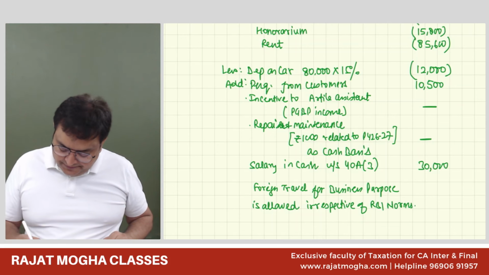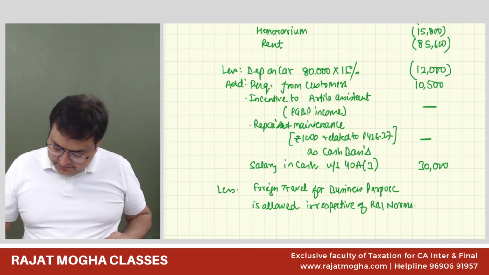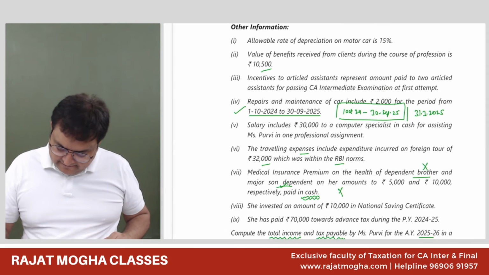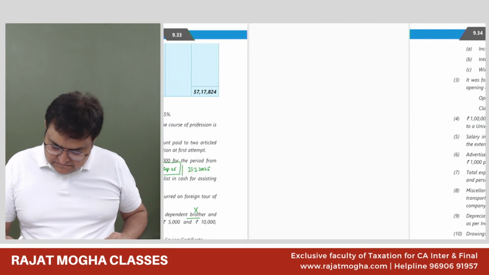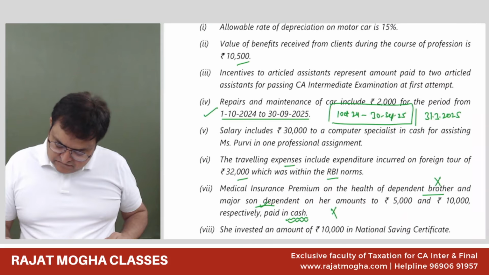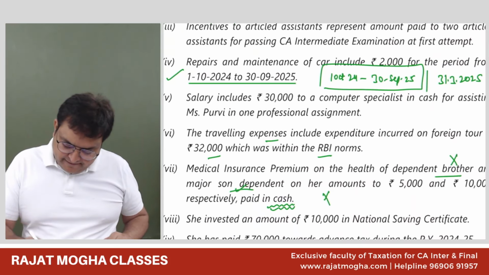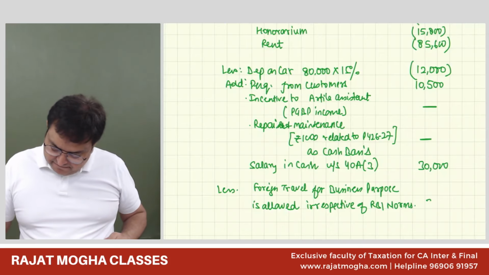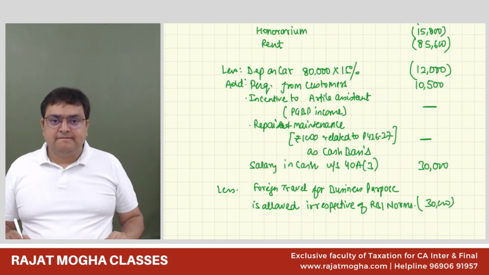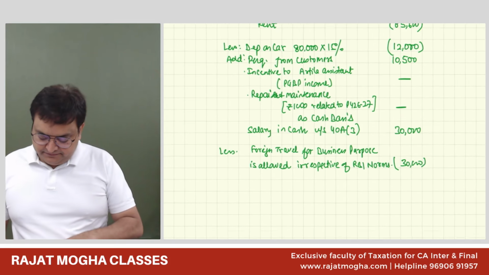So it is allowed. So you will subtract, right? And how much it is? 30,000. Correct?